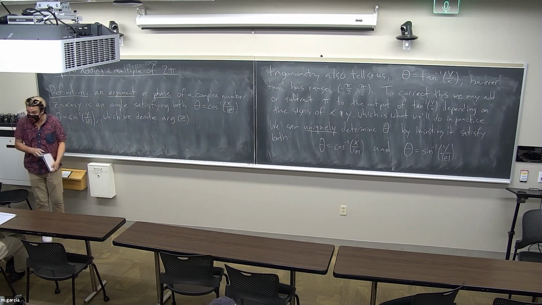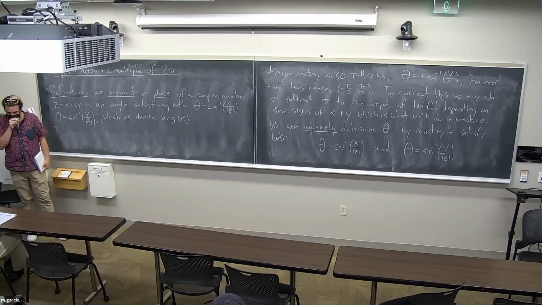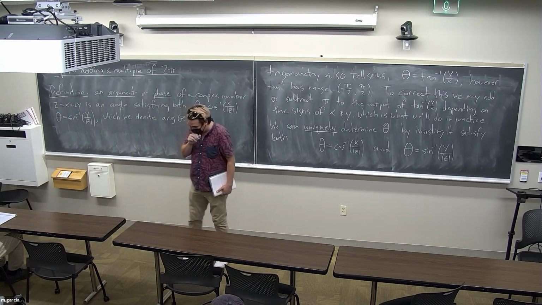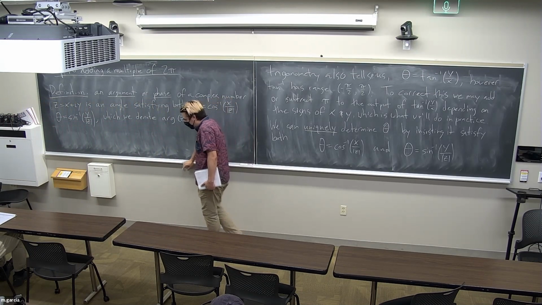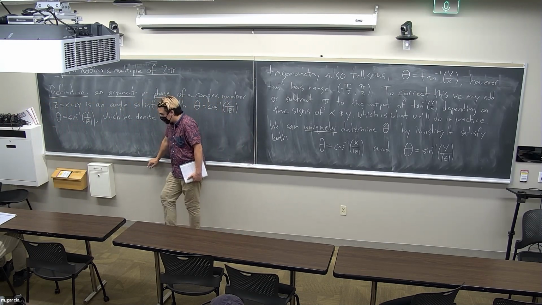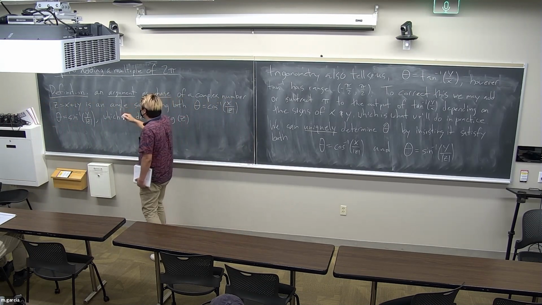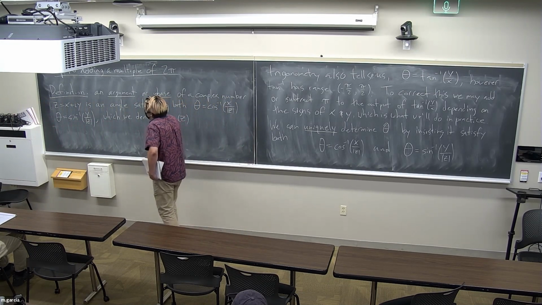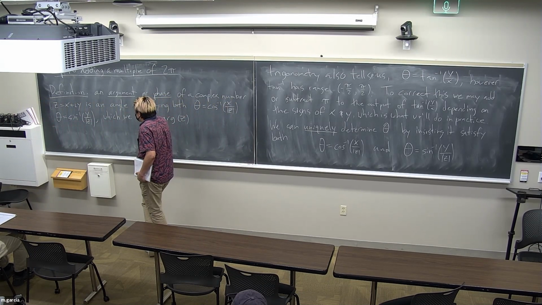Yes? Well, so the range of cosine inverse is 0 to pi, right? And the range of sine inverse is minus pi over 2 to pi over 2. But so what do we do if theta is in the third quadrant? That will give us a negative y and a negative x, right?